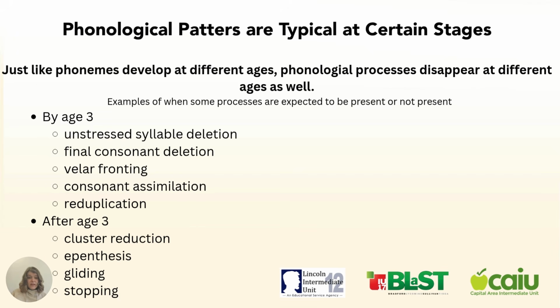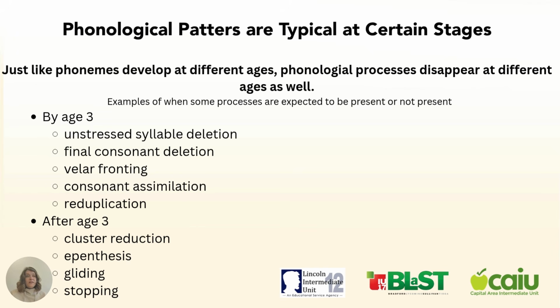Final consonant deletion is where we leave that final consonant sound off. Velar fronting is moving some of those sounds toward the front, like t instead of k. Consonant assimilation is where we might take the sound at the beginning of the word or at the end of the word and also say it again in the opposite position because it blends in, right?